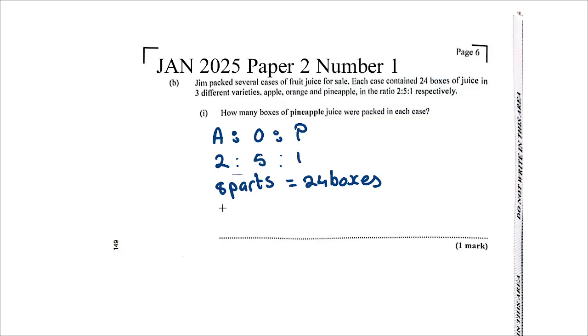Now we want pineapple, which is 1 part. So 1 part would be 24 divided by 8, which is 3. There were 3 boxes of pineapple juice in each case, and that is how you would do this question.